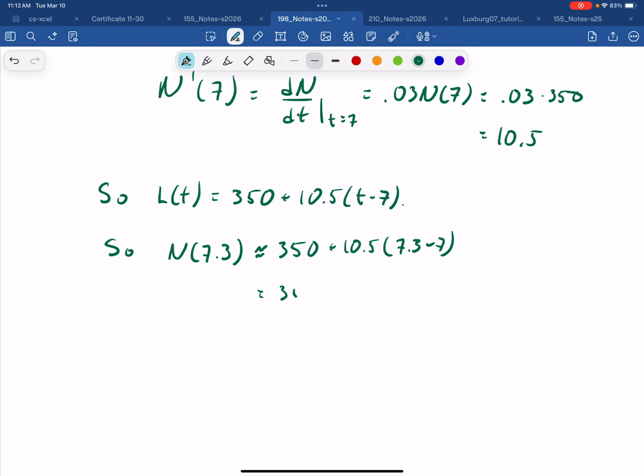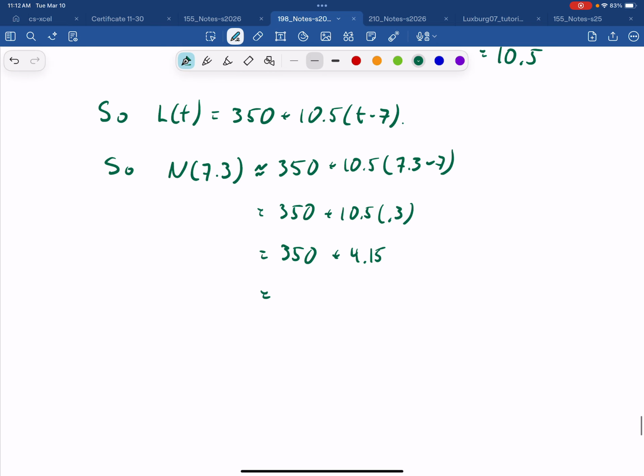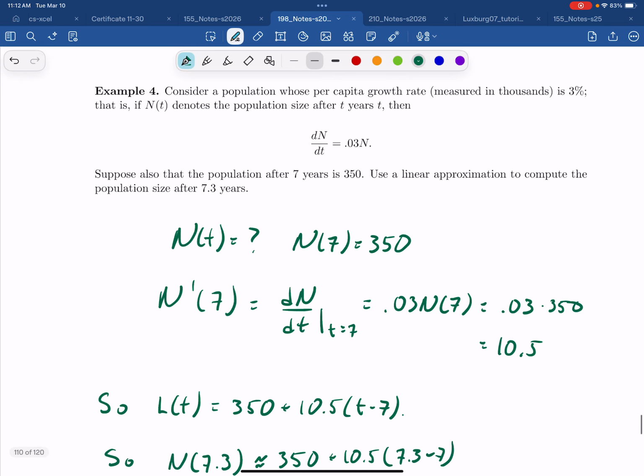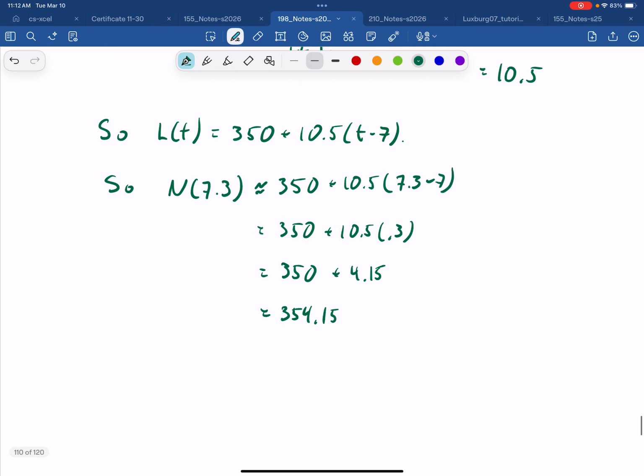It's going to be 350 plus 10.5 times 0.3. And this is going to be 350 plus, what is that going to be? 105 times 3 is 315, so 3.15. This is going to be 353.15. Do they give us units? They don't actually give us units. So we'll just stop there.